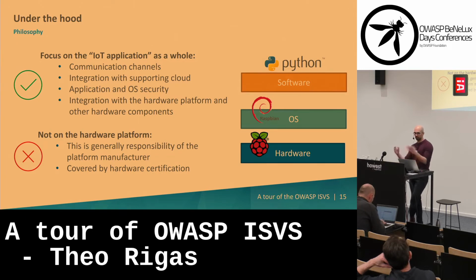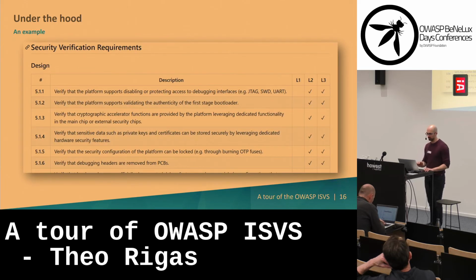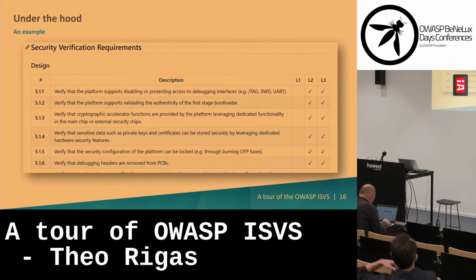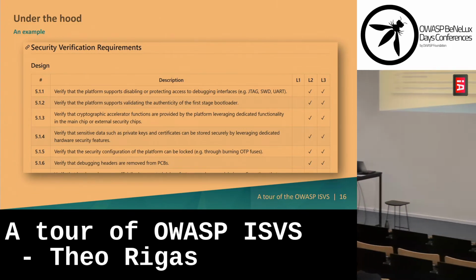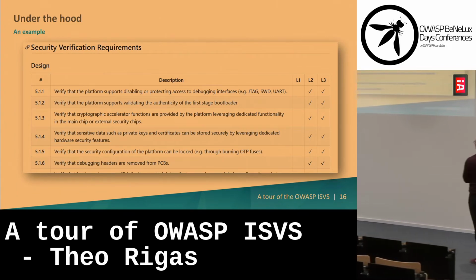So this part is considered out of scope, and if that's not super clear, I'm going to give you an example, and I'm also going to give you your first look at some of the requirements that are inside the ISVS. This is from Chapter 5. Chapter 5 is hardware security, and as I told you, there is only one section, design, exactly because of the reasons that I explained regarding the philosophy of the ISVS.